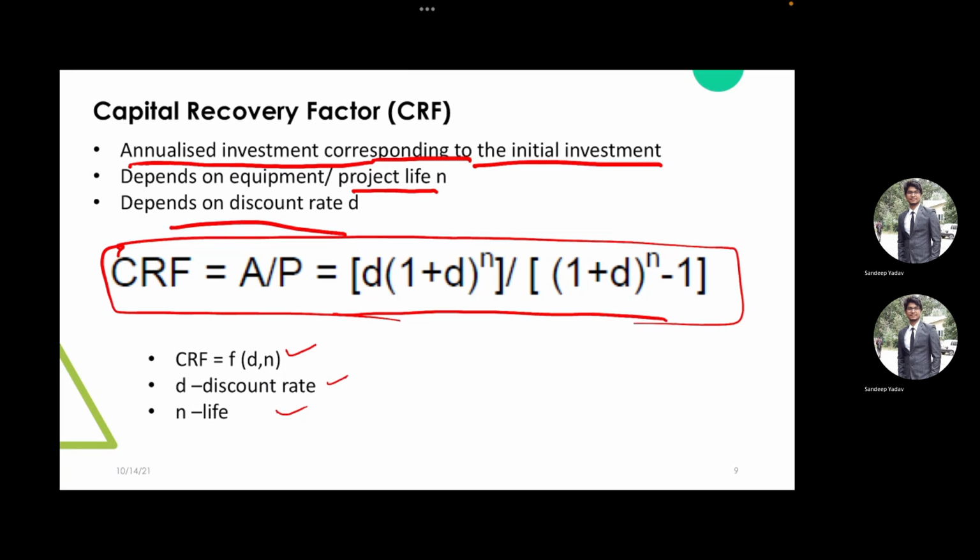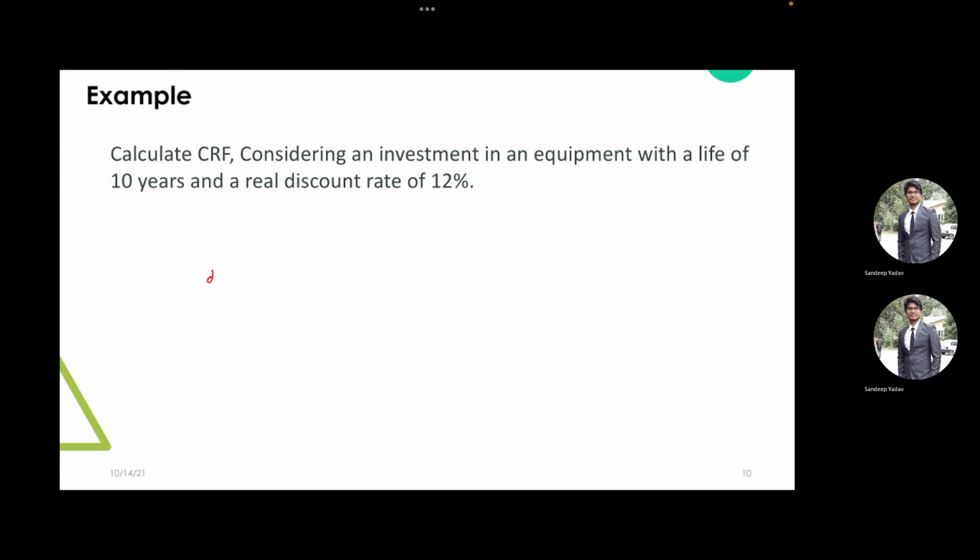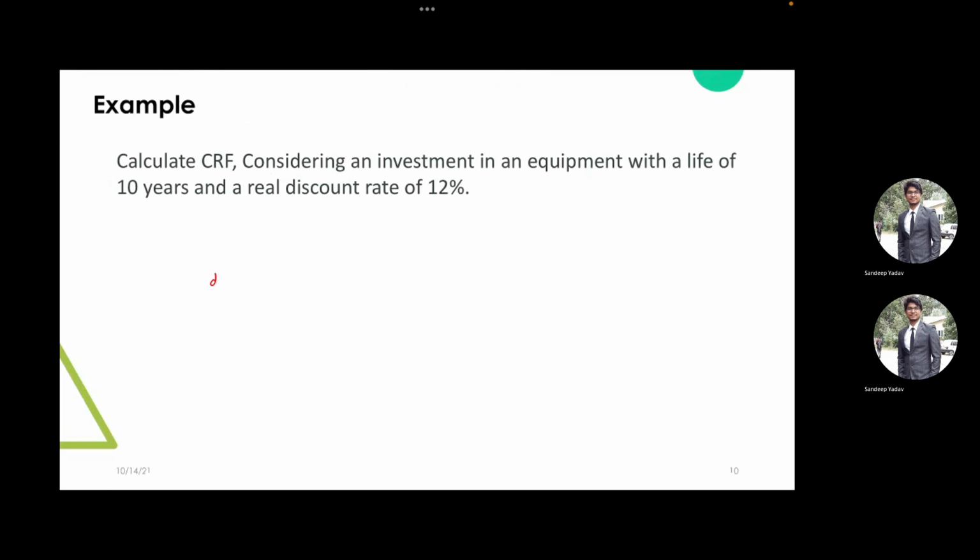So let's take an example for that. Calculate CRF considering an investment in equipment with a life of 10 years at a discount rate of 12%. So, CRF formula here: D was 0.12 and N is 10 years.